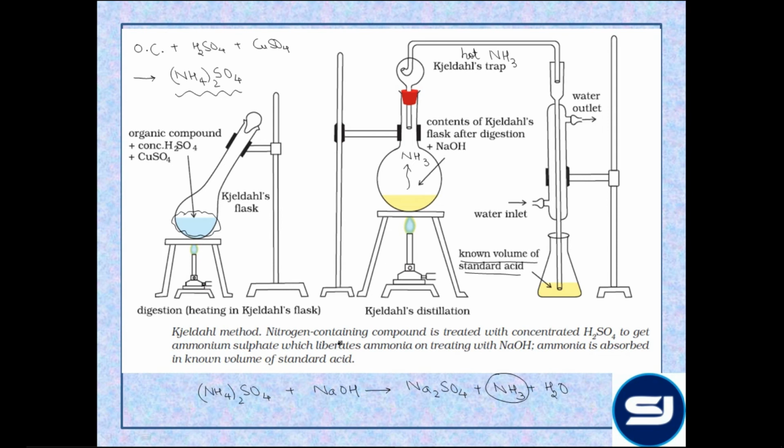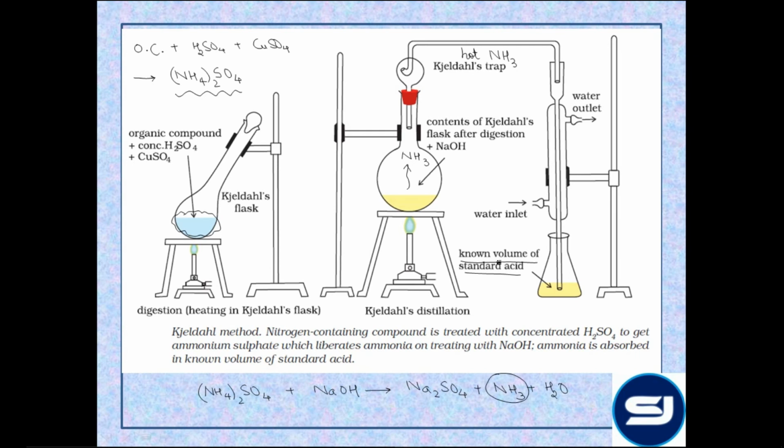On addition of NaOH, it converts the ammonium sulfate into ammonia gas. Now this ammonia gas is trapped in this tube, which is called Kjeldahl's trap, and finally cooled down and collected in the conical flask. And this ammonia, which is collected over here, is titrated against a known standard volume of the acid.